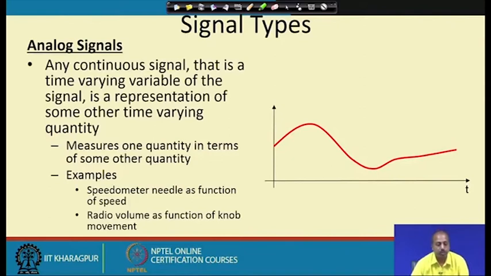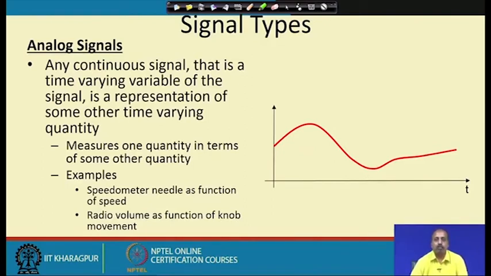Just go back to the types of signals. At the beginning of our course, we have seen that there is one type of signal which comes from nature, which is the analog signal. Most of the signals that you get are analog in nature.